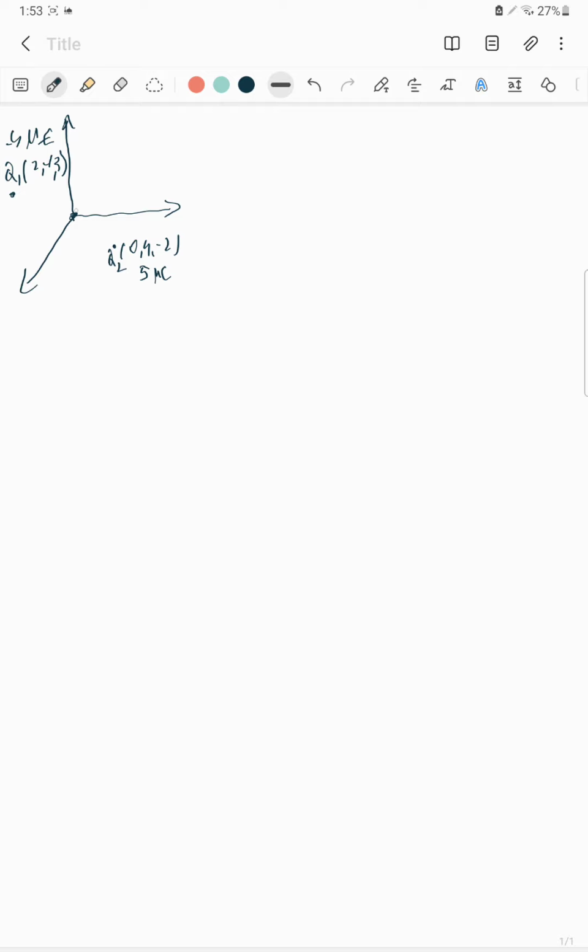This is my origin, and I need to find the potential at point P, which is (1, 0, 1). So I join these two points to P. I call this distance R1, and this one R2.